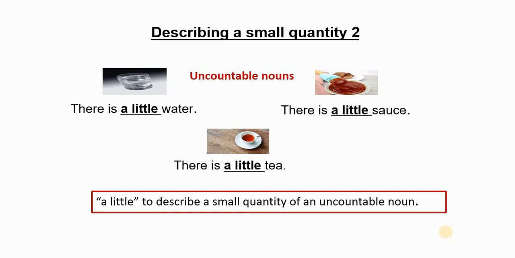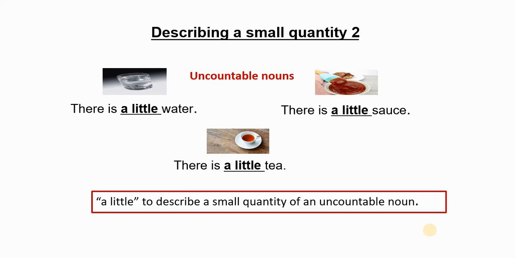It's easy to know when to use a little and when to use a few, if we know the difference between an uncountable noun and a countable noun. So when you learn a new noun, you must also learn if it is a countable or uncountable.